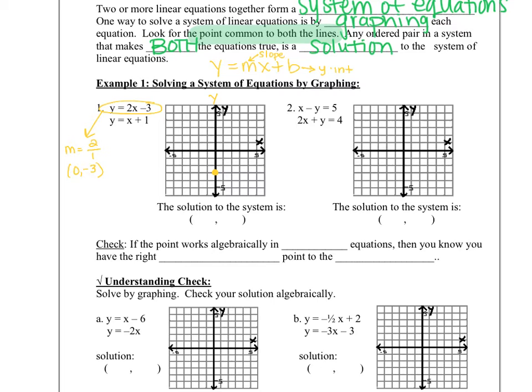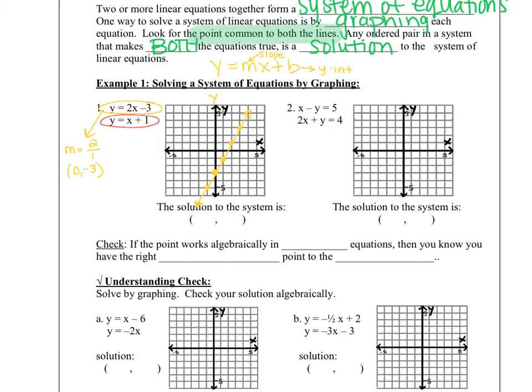0 comma negative 3, and then our slope of 2 over 1, up 2 over 1, or backwards down 2 over 1. So you're looking at this line right here. Sorry if yellow is hard to see. Okay, so we'll switch it over to red.